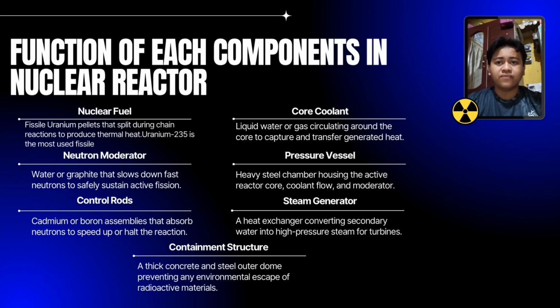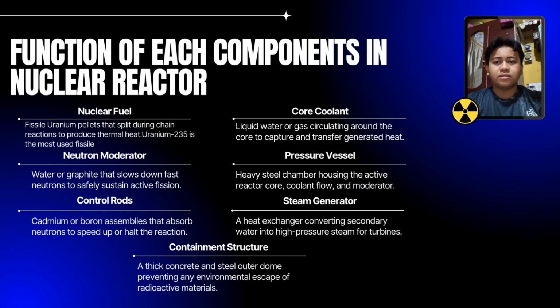Now we're talking about the function of each component in a nuclear reactor. The first one is nuclear fuel: fissile uranium pellets that split during the chain reaction to produce thermal heat. Second is the neutron moderator: water or graphite that slows down fast neutrons to safely sustain active fission. Third is control rods: cadmium or boron assemblies that absorb neutrons to speed up or halt the reaction.